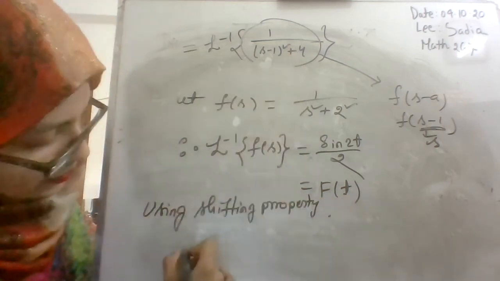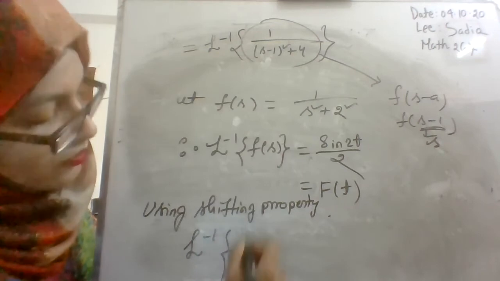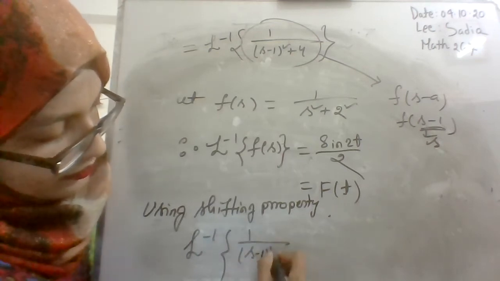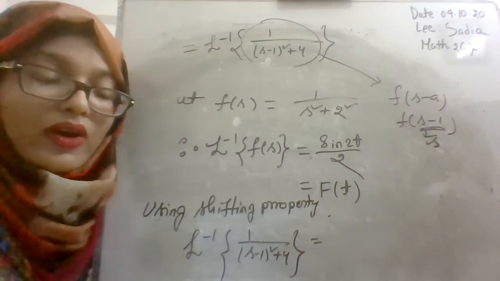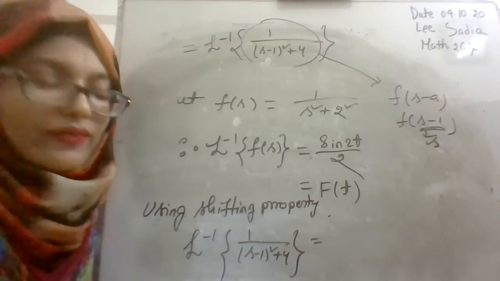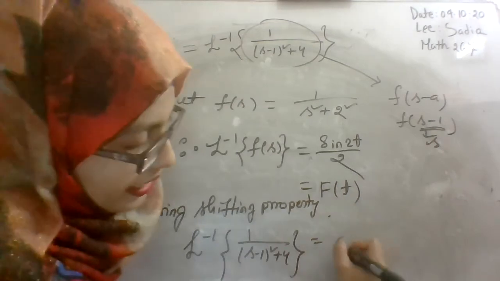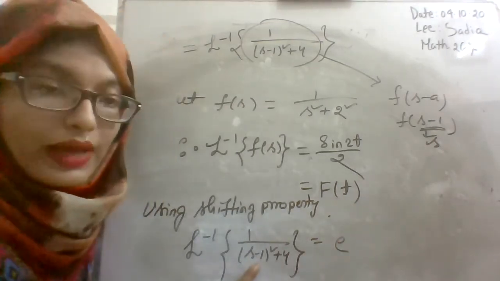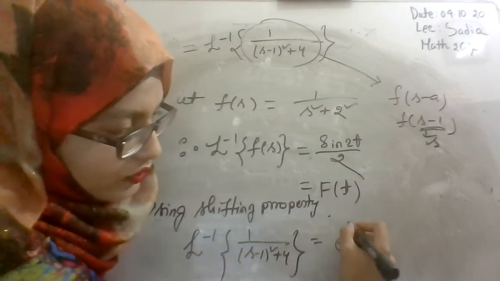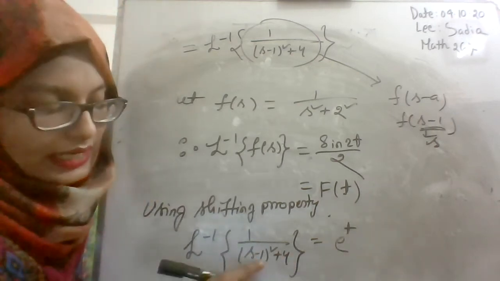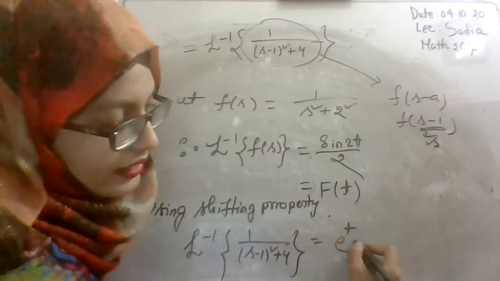Using the shifting property, our inverse Laplace transformation of 1 by (s minus 1) whole square plus 4 will be what? The formula or the property is e to the power at f of t. And here a is 1, right? E to the power at, and your a is 1, so it will be 1 into t, or simply t. A is 1, e to the power at into f of t.